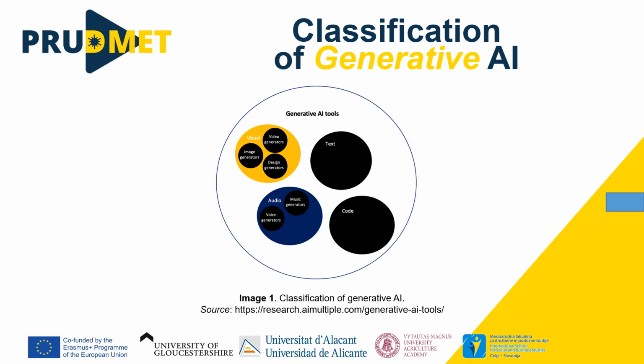The proposed bubble was created based on the information provided by Dilmagani, 2023, on the research.aimultiple.com platform. Authors provided this classification based on top 35 generative AI tools from diverse categories.